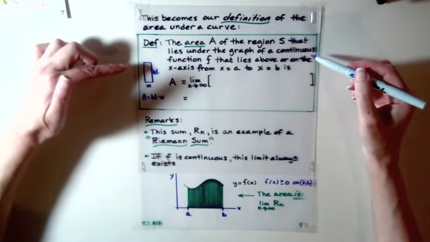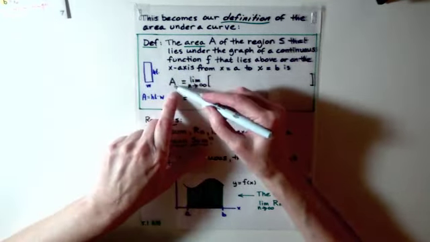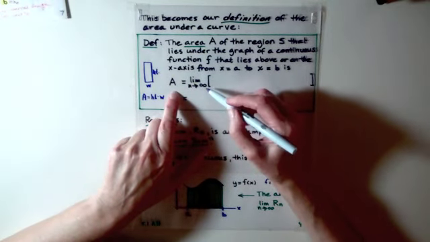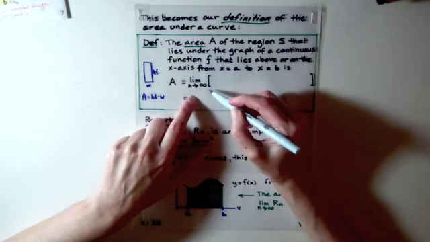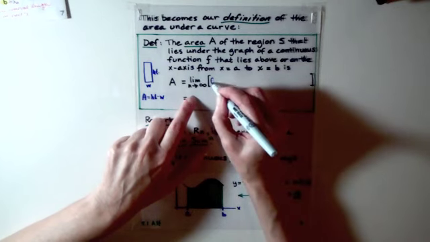That area from a to b is, and here's capital A for this green area, the limit as n goes to infinity. So the limit as the number of rectangles becomes infinite of that sum that we just had on the last page. And what was the sum we had on the last page?